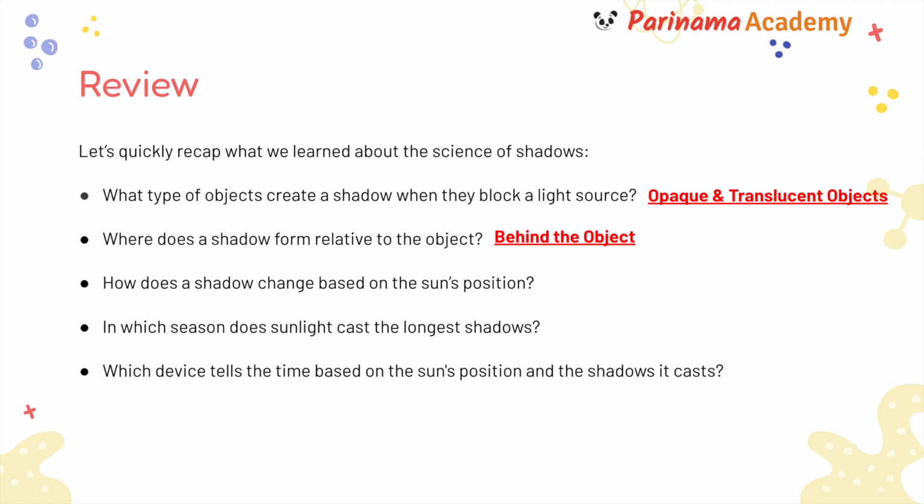How does the shadow change based on the sun's position? It changes length. In which season does sunlight cast the longest shadows? In winter. And lastly, which device tells the time based on the sun's position and the shadows it casts? A sundial.